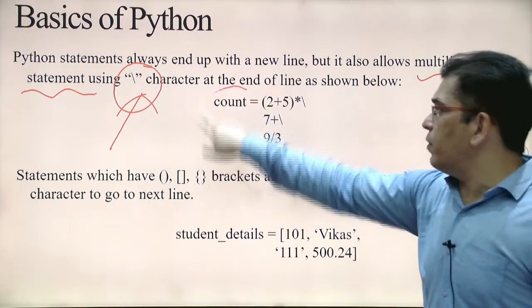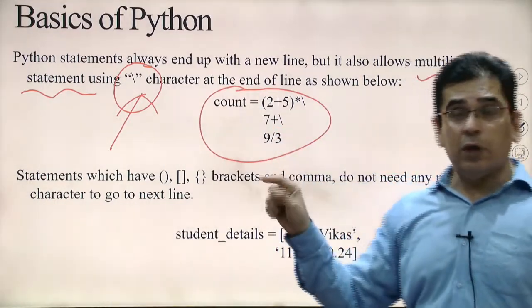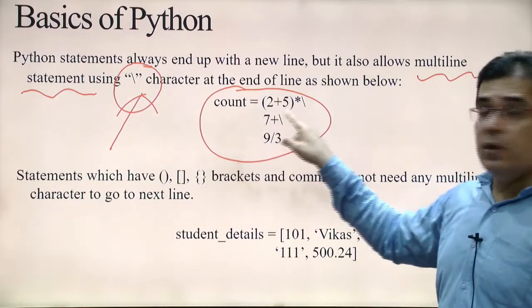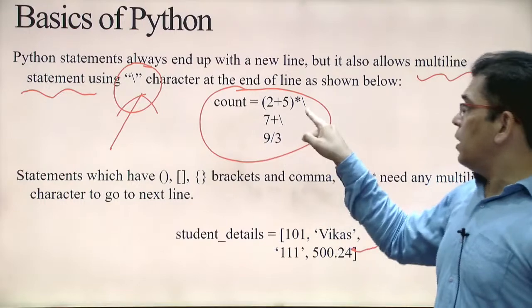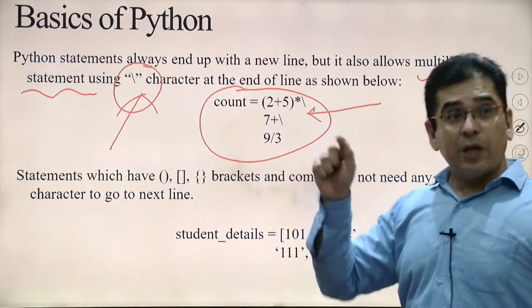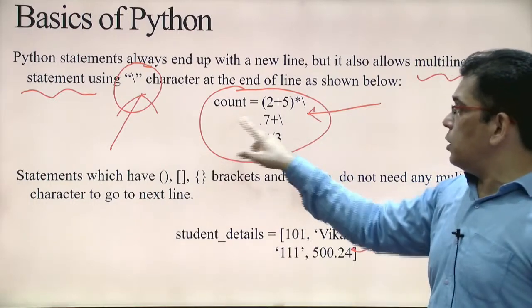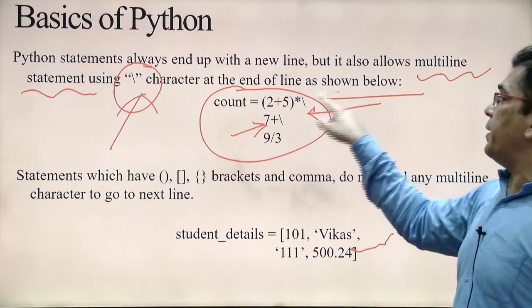Like I have given an example here: count is equal to 2 plus 5 multiply by 7, but before 7 I have written a slash character. So now the text written in the next line will be treated as a single line text.